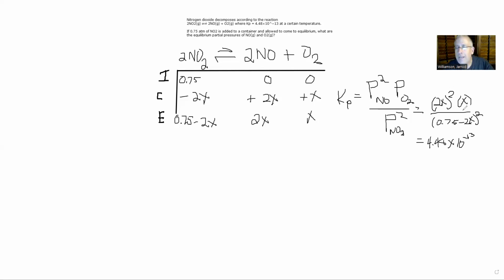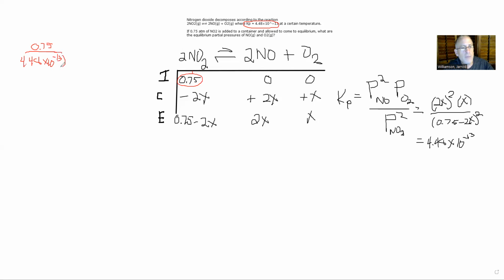This is going to be a quadratic equation or a cubic equation, hard to solve. So we want to see if the x is small approximation works. The x is small approximation is valid when this divided by the value of K is much greater than 400. So we're going to go 0.75 divided by 4.48 times 10 to the minus 13 power.